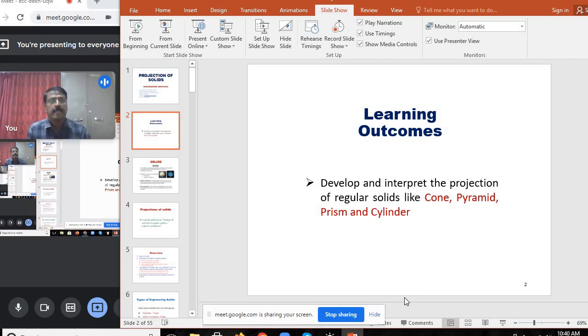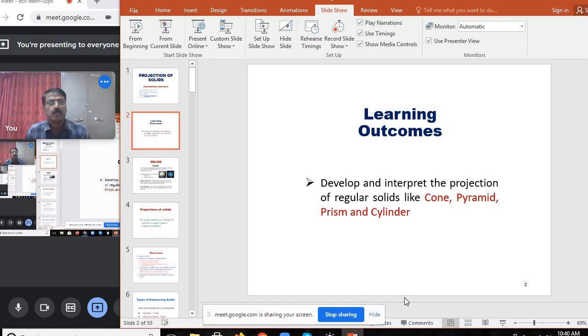The learning outcome of this subject: we are dealing with a lot of solids every day, like cone, pyramid, prism, cylinder, cube, sphere, etc. When a solid is given in space with respect to some reference plane, HP, VP, profile plane, or reference axis, we have to draw the front view, top view, or any one of the side views.